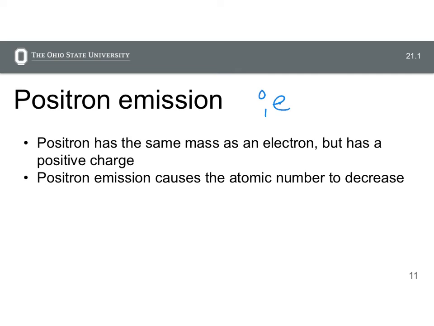Another isotope of technetium uses positron emission to decay to become more stable. So technetium-95, atomic number 43, will decay by positron emission. And I'll give you a second there to write out the remaining product.